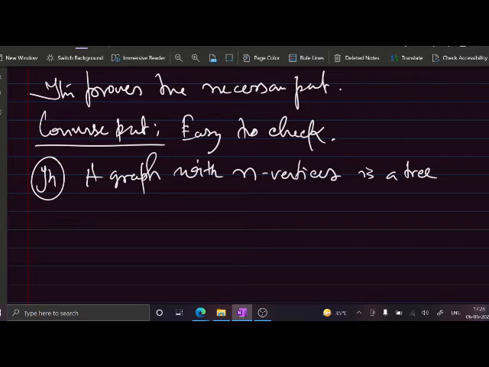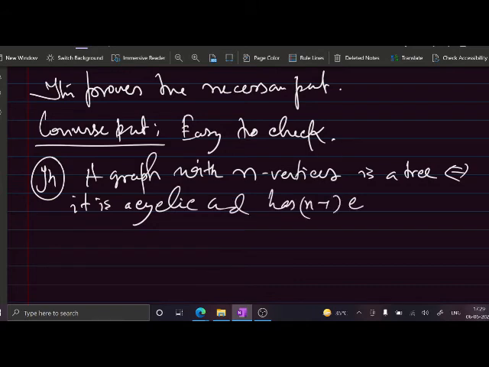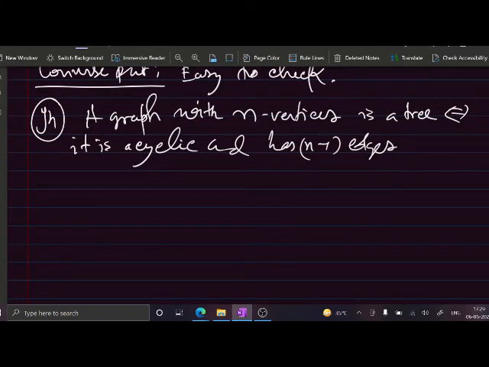So a graph with n vertices is a tree if and only if it is acyclic and has n minus 1 edges. So a graph with n vertices is a tree if and only if it is acyclic and has n minus 1 edges.